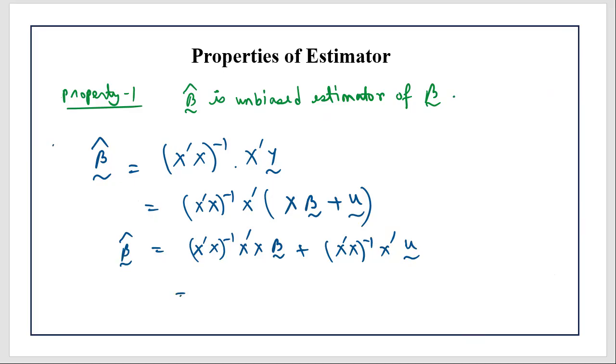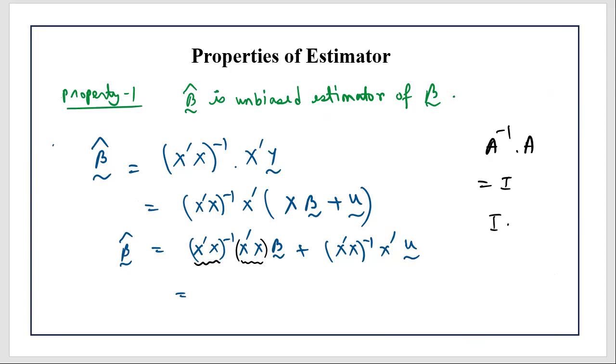Now, in the first term, you have (X prime X) inverse, and then the product X prime X. If you have A inverse A, what will this be? This will simply be the identity matrix, right? A inverse into A is simply the identity matrix.